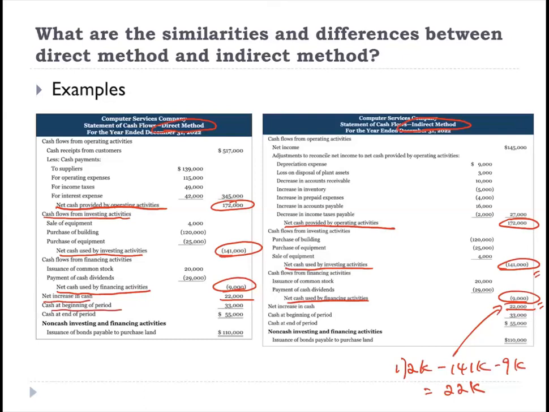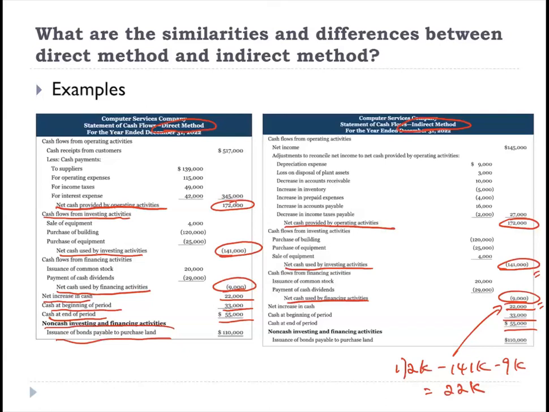Cash at the beginning of the period, 32,000. Cash at the end of the period, 55,000.